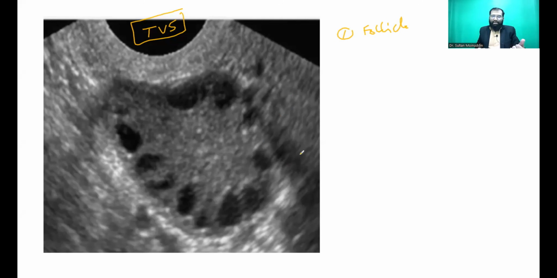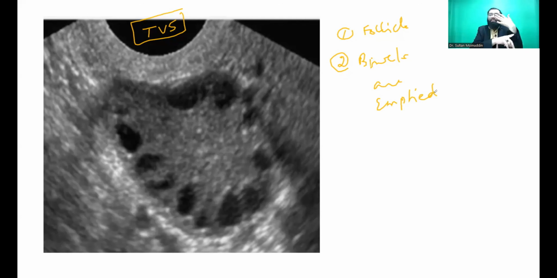Second important thing, which is very important when you want to look for ovaries, is to ensure that the bowels are emptied. What happens if the bowels get emptied? This is very useful in those patients where the ovaries are not seen or it becomes very difficult to look for ovaries.